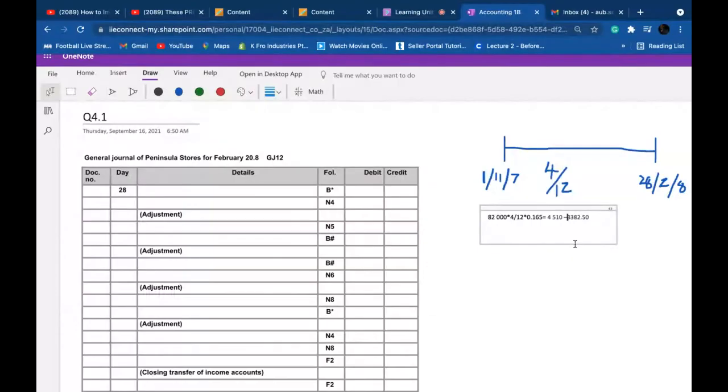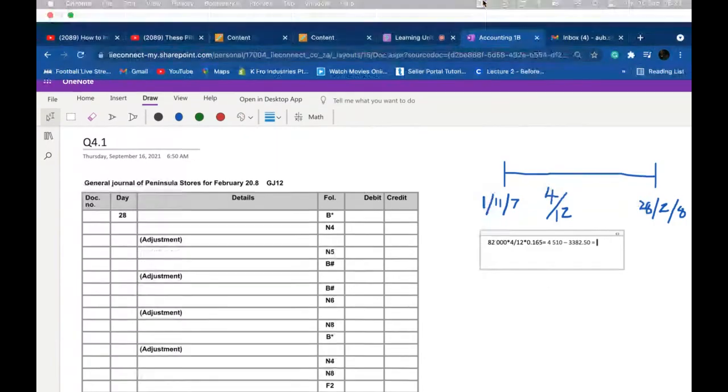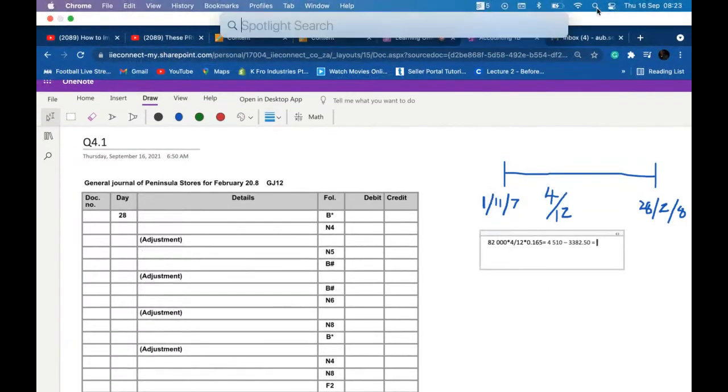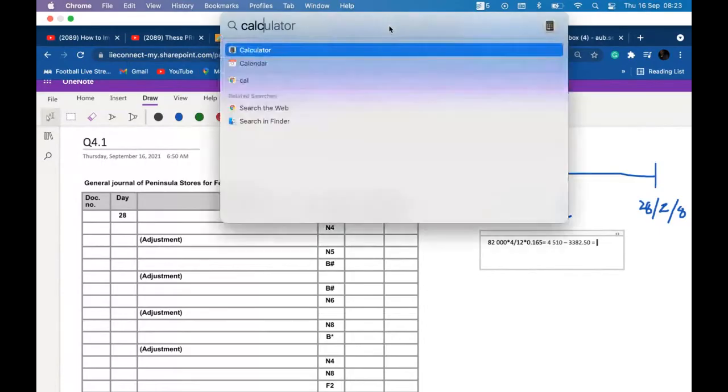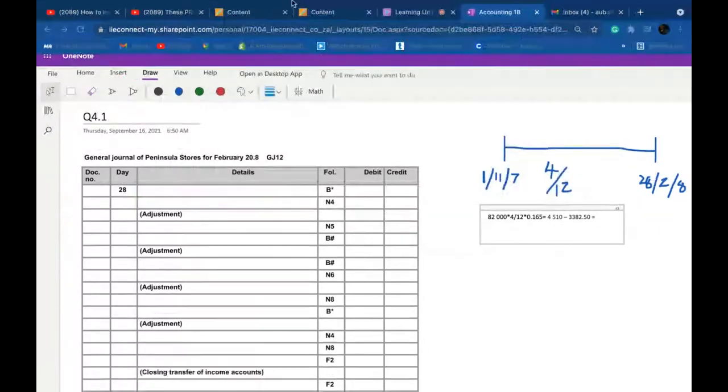So we then need to calculate the difference. Okay, so maybe we should have just finished this off before going into the next adjustment. So our minds are not all over the place, so my bad on that one.